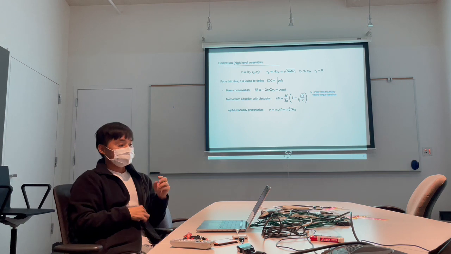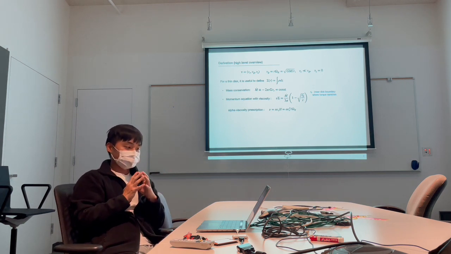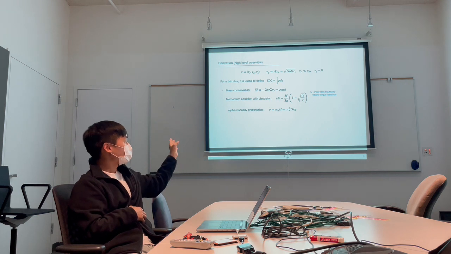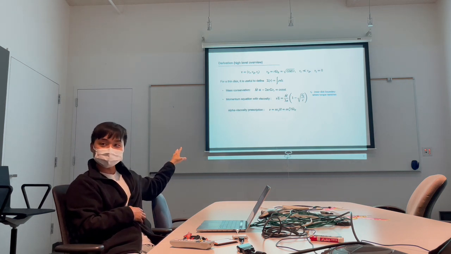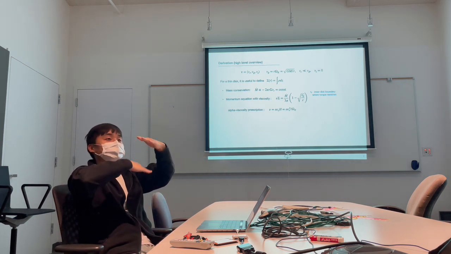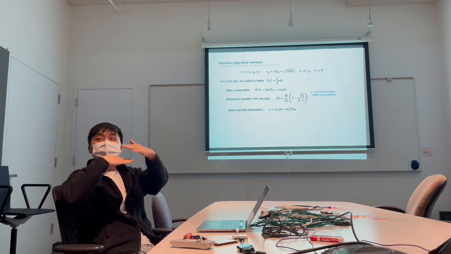And for the strength of viscosity here, mu, this is where the key idea came in. They parameterized this viscosity with a parameter called alpha: alpha times c_s, the sound speed, times H, the scale height, the effective thickness of the disk.